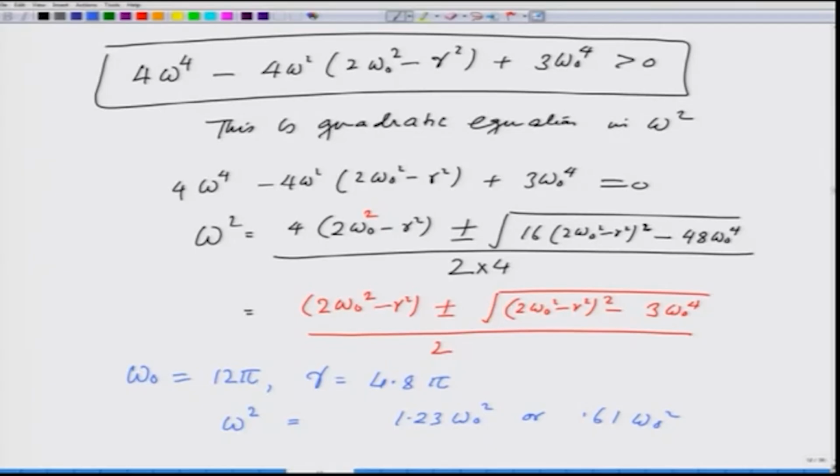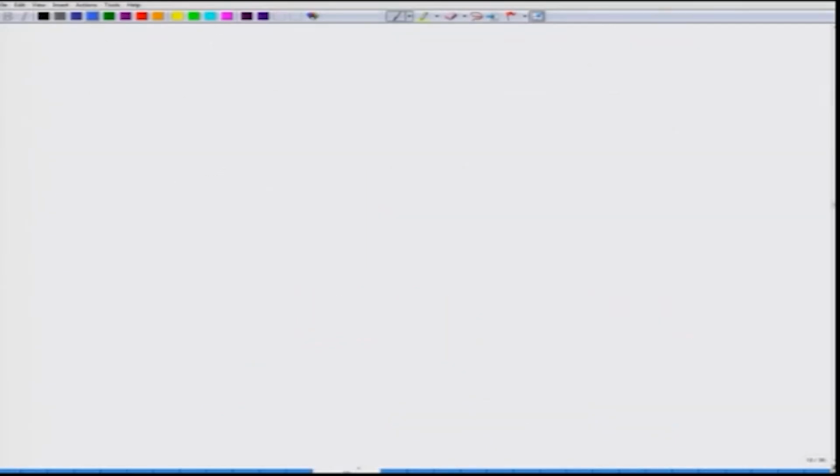So, the equation on top can be written as omega square minus 1.23 omega 0 square times omega square minus 0.61 omega 0 square is greater than 0.